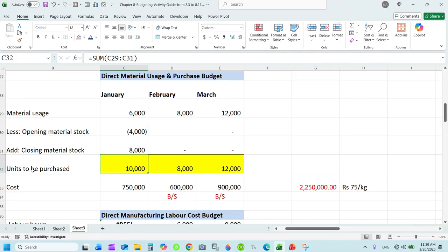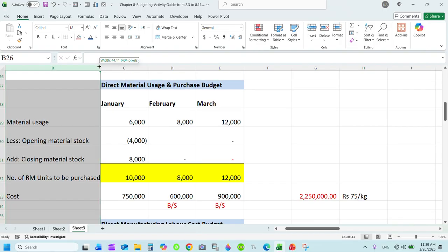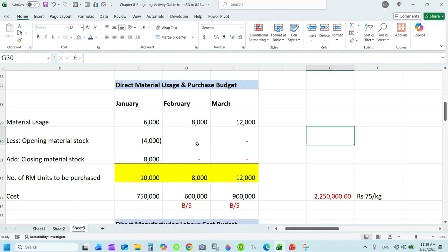This number of units means raw material units, in the sense of kilograms, right?